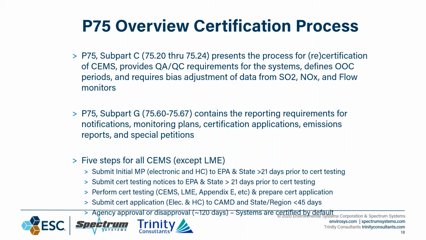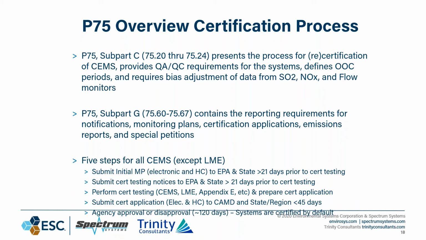To begin, this is just a 30,000 foot overview of the certification process. Here we're talking about Subpart C, where we learn about the process for certification or recertification of CEMS, the QA/QC requirements for these systems, definitions of your out of control periods, and bias adjustment of your SOx, NOx, and flow monitors.